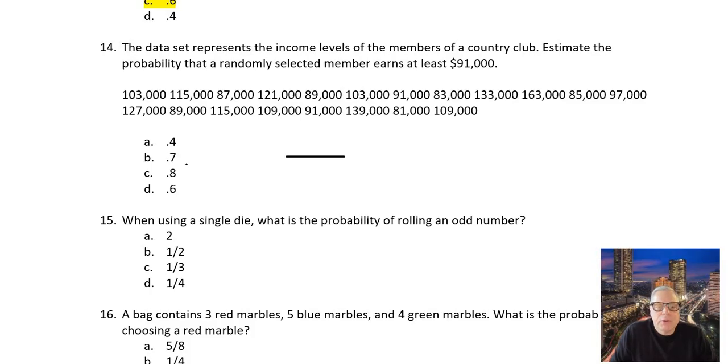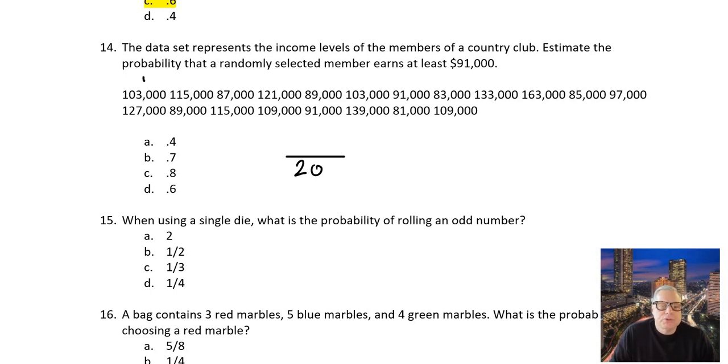So we have 1, 2, 3, 4, 5, 6, 7, 8, 9, 10, 11, 12, 13, 14, 15, 16, 17, 18, 19, 20. So how many people have at least 91,000?